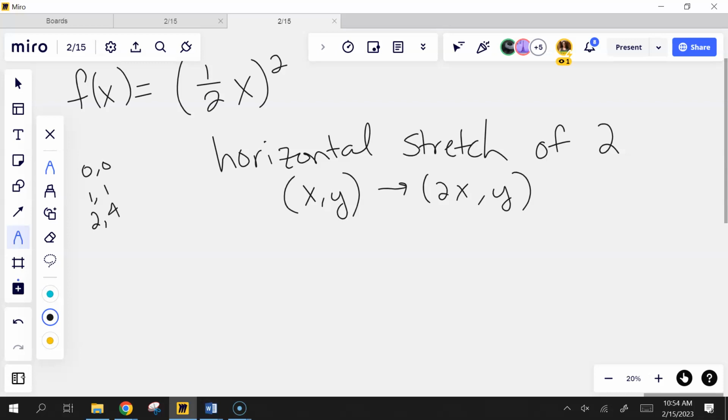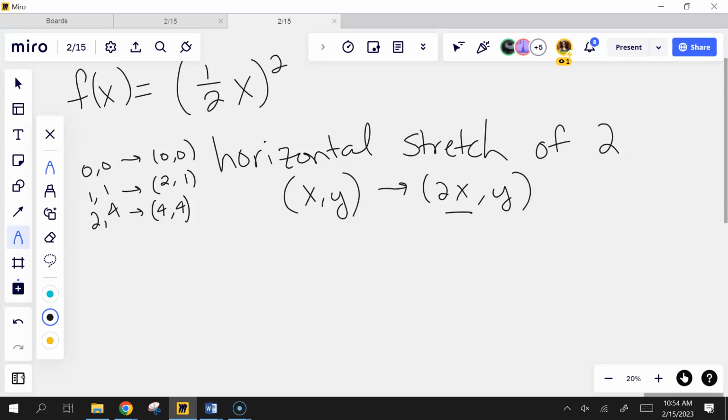Because it's a quadratic. So 0, 0 becomes still 0, 0. 1, 1 is going to become what? 2, 1. We're using the flip of the 1/2. And then 2, 4 becomes 4, 4.